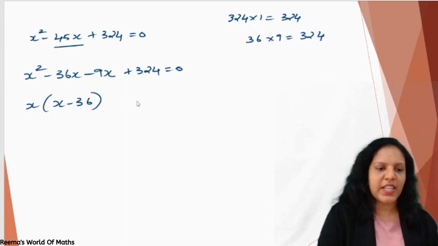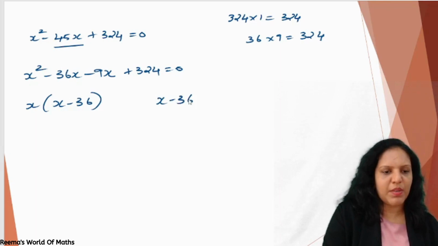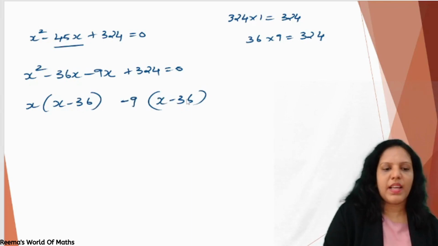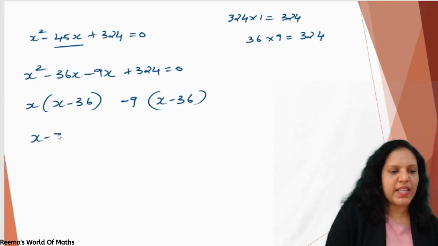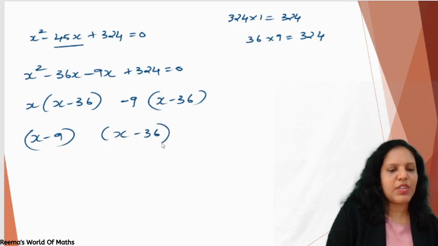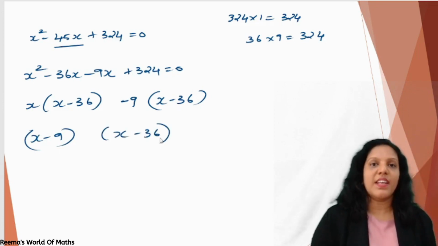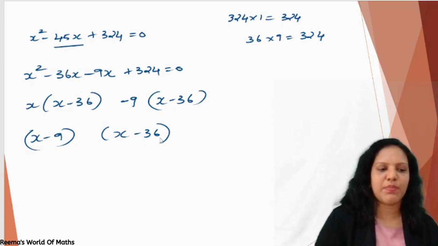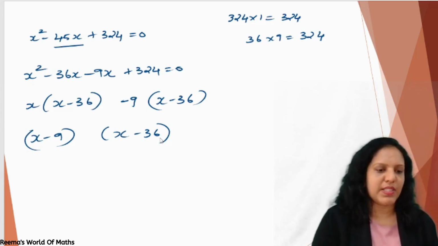And we can take here again X minus 36, so what will be outside? That will be minus 9. So the common factor is X minus 36, and we get X minus 9 multiplied by X minus 36. So we converted the quadratic equation into a product of two linear factors.